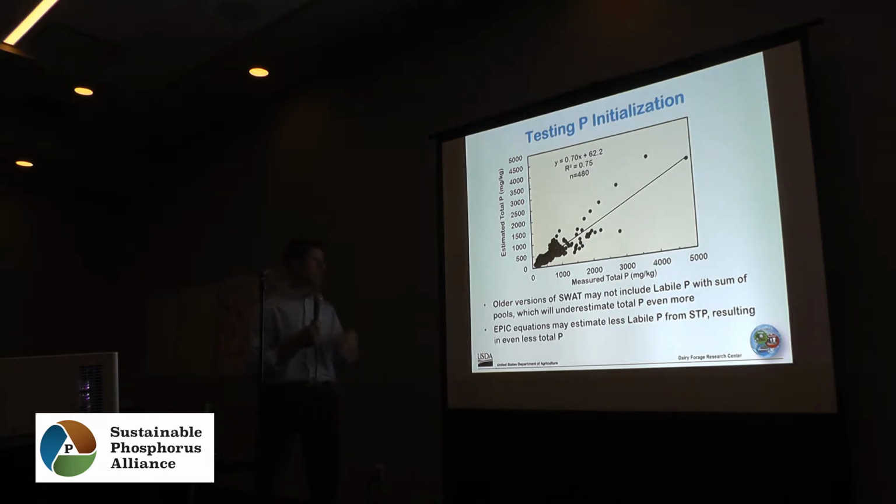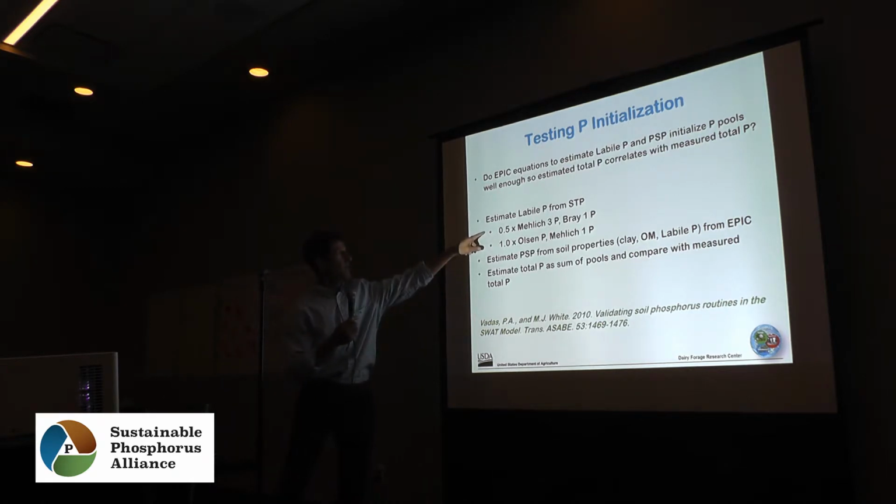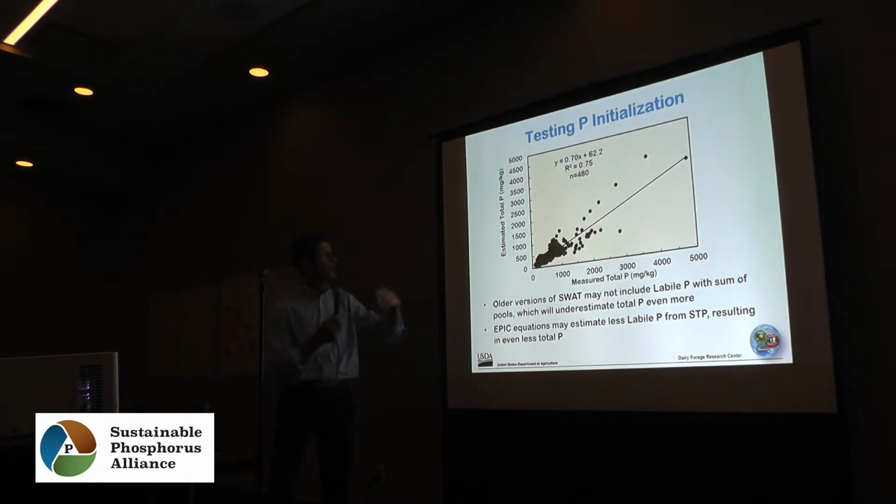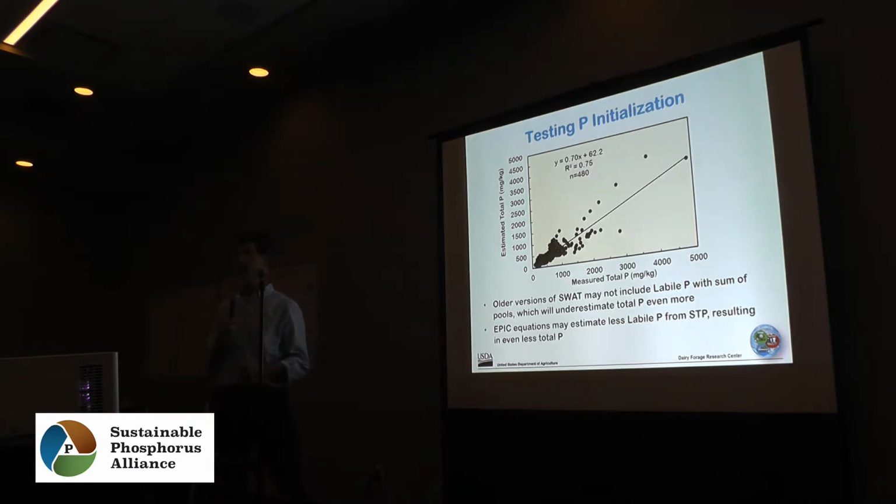What we found is that that process, if you take just the original equations that were in the literature, and I'll just go back, so we're estimating labile P as half of Mehlich 3 or Bray, equal to Olson or Mehlich 1. We'd run it through, and we're finding that our estimated total P was less than what we measured when you set the model up.